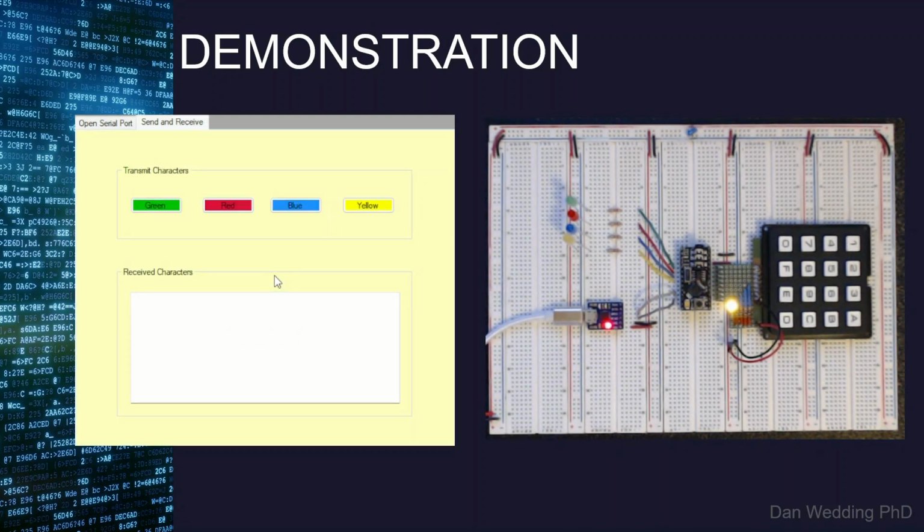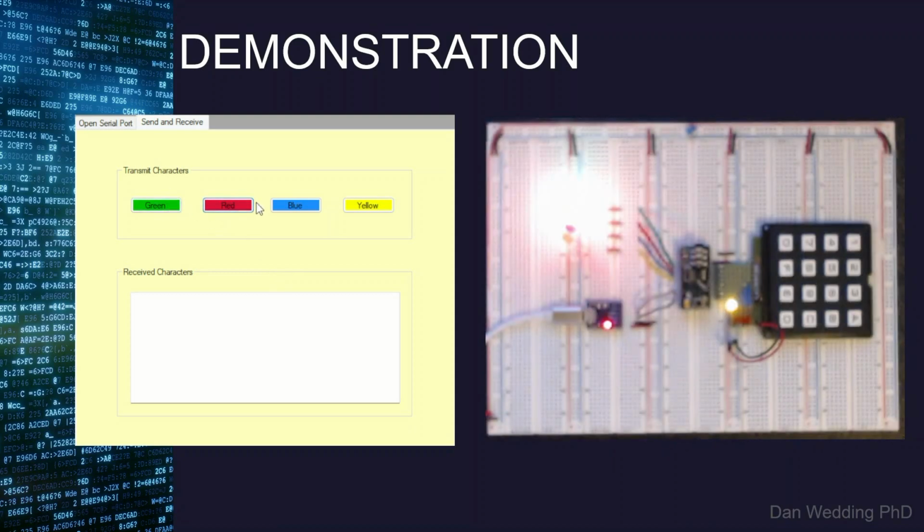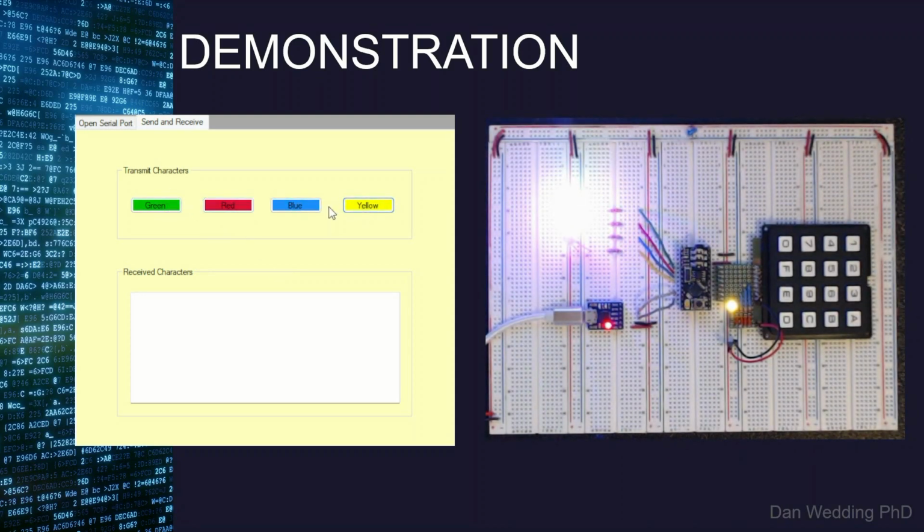I have 4 buttons, each one controlling one LED on the board. And I have a keypad that will send information on the button I am pressing up to Visual Basic and display it on the text box.